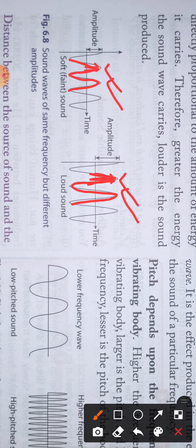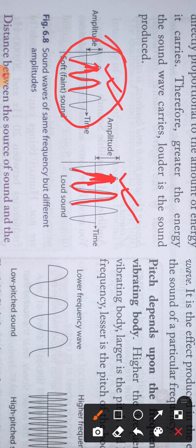Again, if the energy is high, then the sound will be loud. If the energy is low, then the sound will be less loud. If the amplitude is high, then the sound will be loud. If the amplitude is low, then the sound will be less loud, or feeble, or dull.